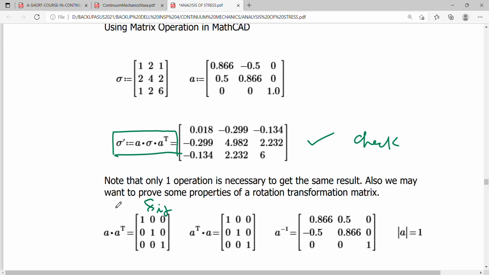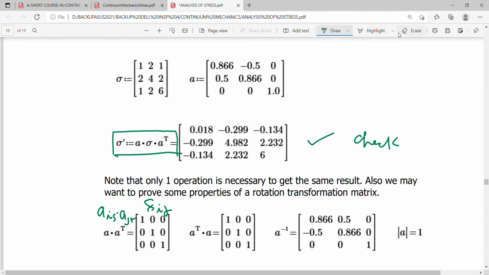So when you dot an a matrix with that of a, this is actually an A I S dot to A J S. Okay, so this is A I S, A J S.